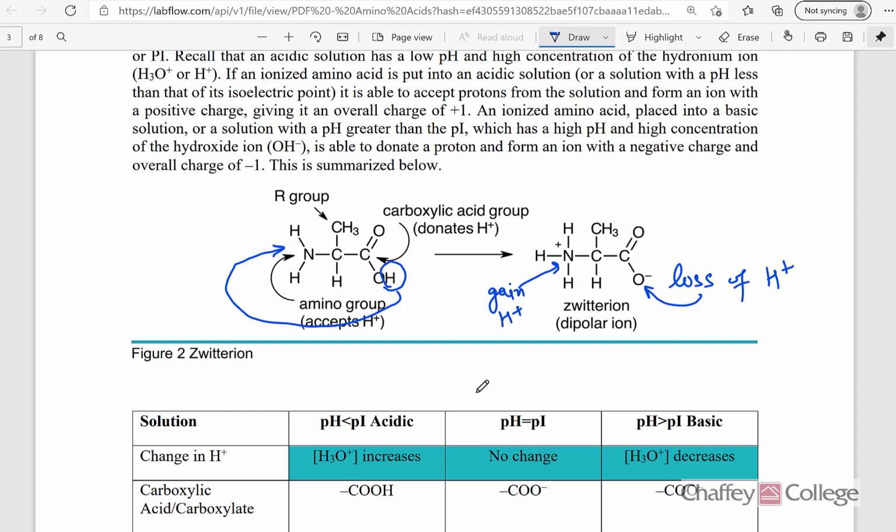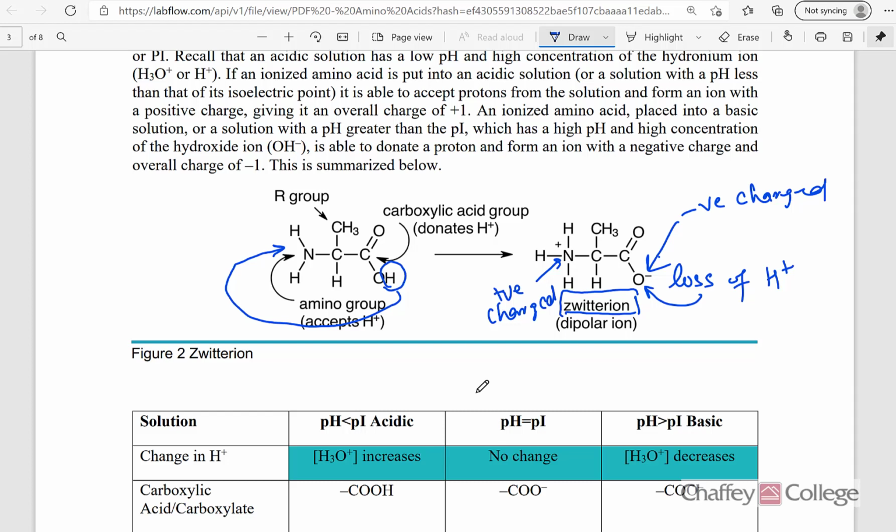Two things happen when this transfer takes place. First, the carboxyl group becomes negatively charged and the amine group becomes positively charged. Because of these two ions, this kind of structure is known as a zwitterion. A zwitterion is an ion which contains both positive and negative charges within the same molecule.